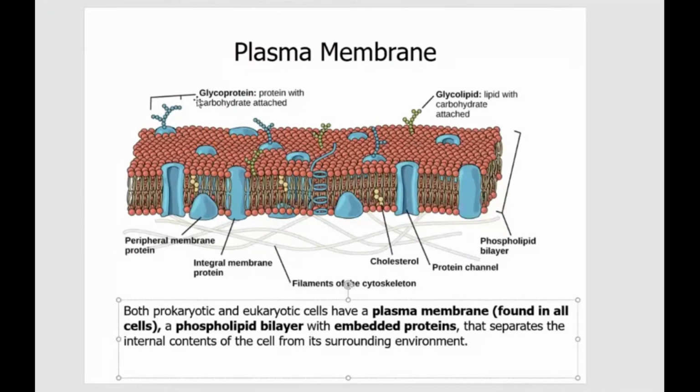And glycoprotein, a protein with a carbohydrate attached to it. That's what glyco means, the carbohydrates. A lot of times, these components, glycolipids and glycoproteins, serve as cell surface markers. This helps other cells identify different cells, whether they are self cells or foreign invaders. So they're pretty important.